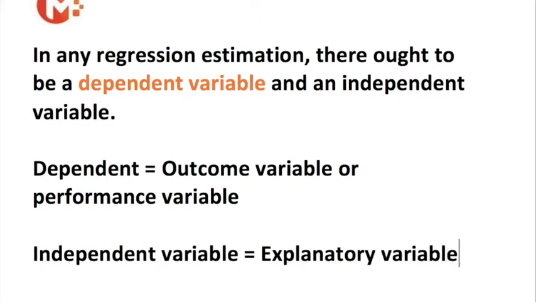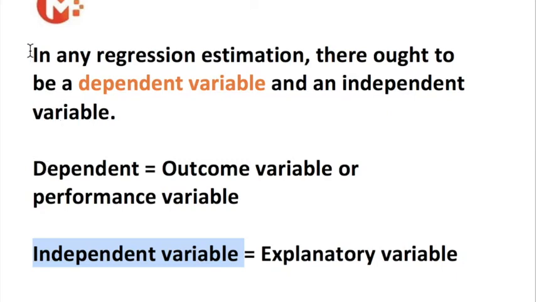To estimate a regression model, there has to be a linear relationship between the dependent variable and the independent variable. In other words, the relationship between them needs to have a certain movement.